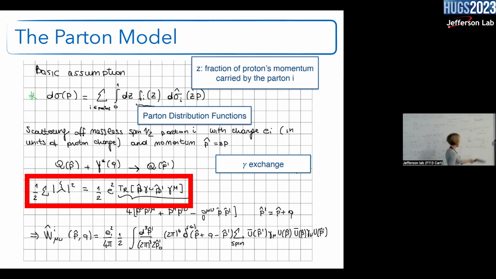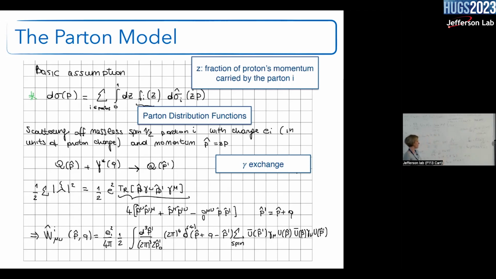So this bit that before had all this structure function, now we don't need it anymore because we don't have any structure function anymore. We just write it as the trace of a QED amplitude of a fermion, which I parameterize in full. This trace comes from u bar gamma mu u times e.